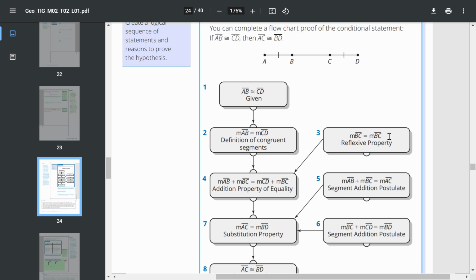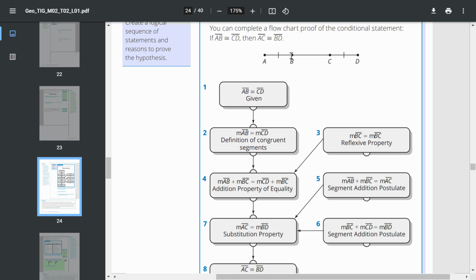And behind that, I'm using the reflexive property, knowing that the measure of BC is equal to itself, measure of BC. From this addition property of equality, I can now go ahead and use the substitution property to say that the measure of AC is equal to the measure of BD. And that's because of the segment addition postulate.